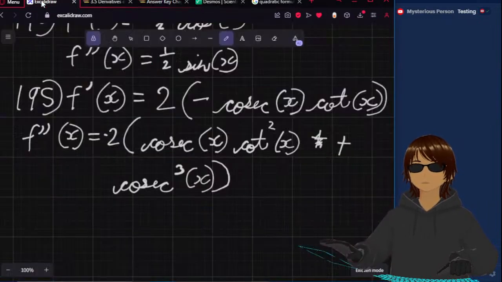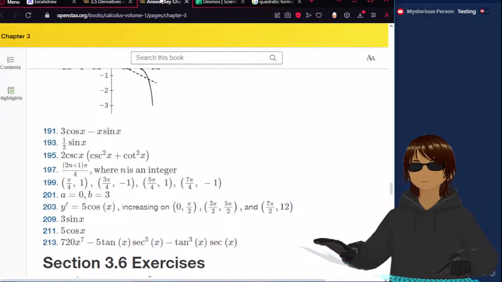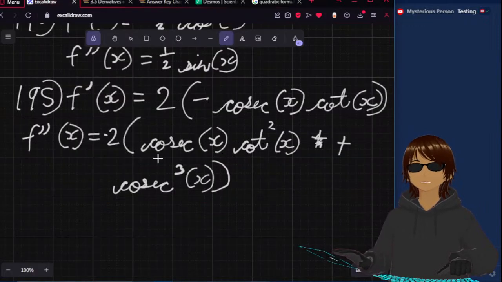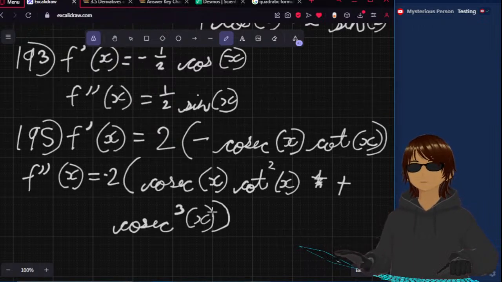There is no, hold on. 2 cosecant x. Okay, so cos x is out. You're left with cot squared and cosecant squared. But why is there no minus?